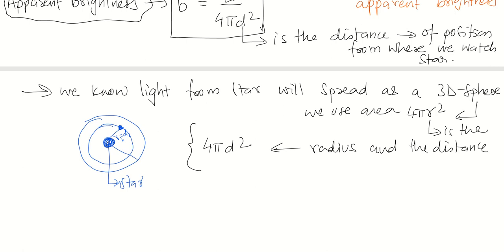If I watch from here, then this is my radius r2 or d2. Okay, because the area will be 4 pi r2 square or 4 pi d2 square, like that. So it depends on where you are watching the star from, that distance. So radius and distance are the same here.